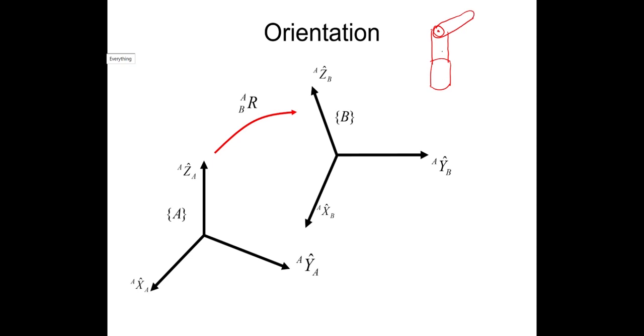In the world coordinates, we have this z, this x, and this y. Right here, because we have a new joint with its own coordinates, we define the rotating axis. We always define the rotating axis as z. Let me call it z1, and here we have x1 and y1.